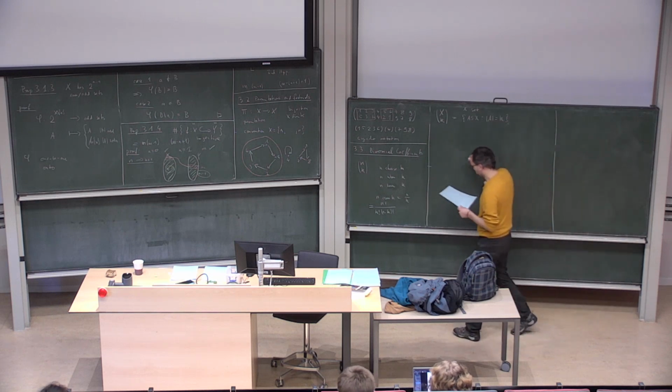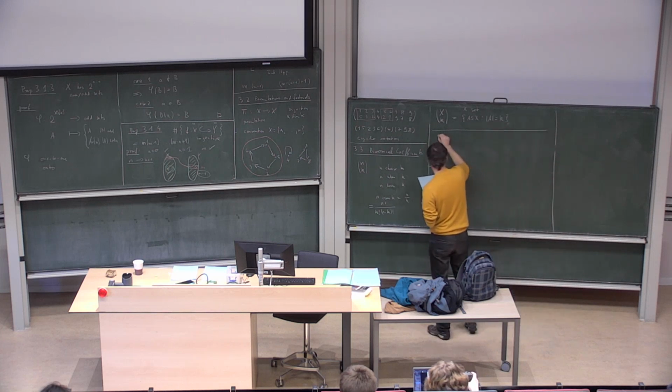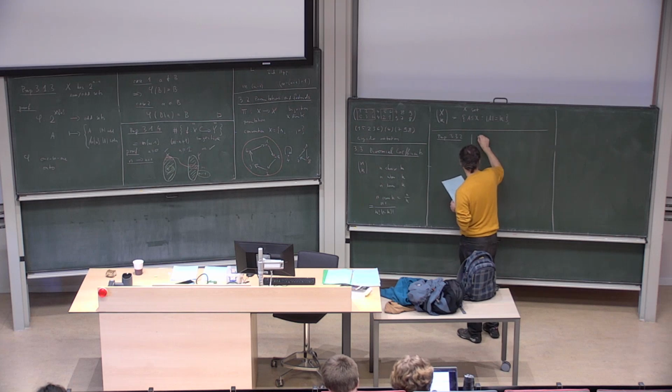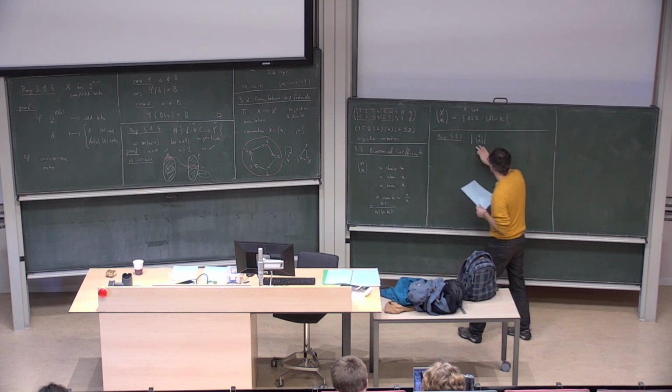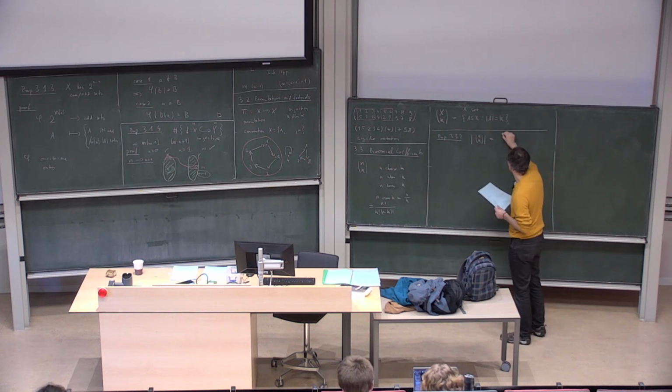And the first thing we're going to prove, that's proposition 3.2.2, is that the size of x choose k, so the number of all subsets of size k, is the same as n choose k.